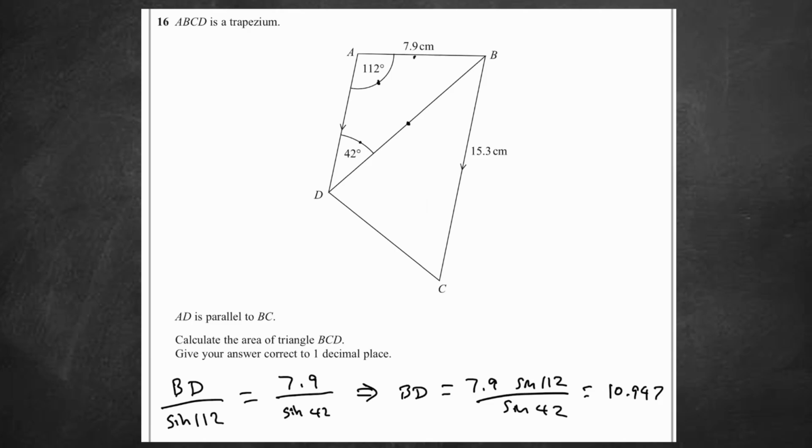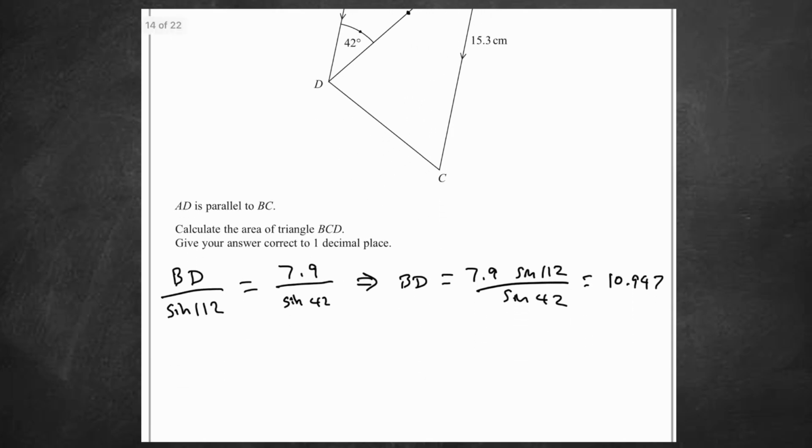Now we need to find the area of the triangle, and what we're going to do for that is the area of the triangle formula using sine. So area of triangle is just going to be half multiplied by 2 lengths of the triangle. We have 15.3, and now we have 10.947, multiplied by sine of an angle.